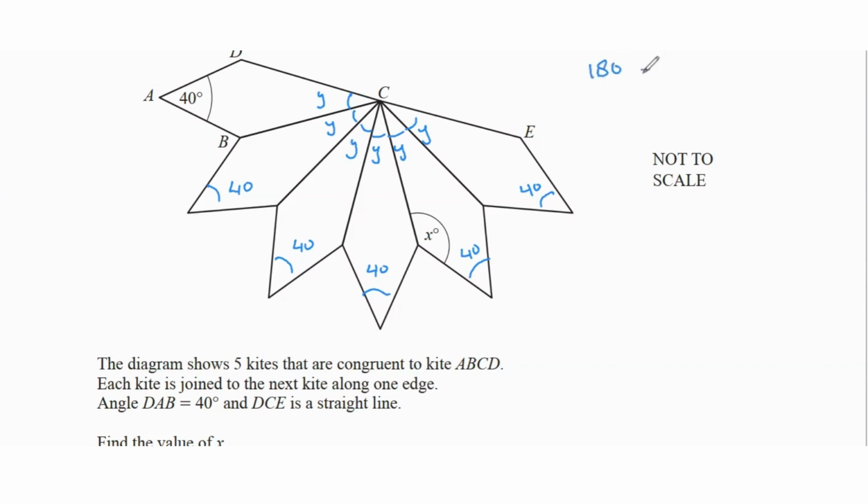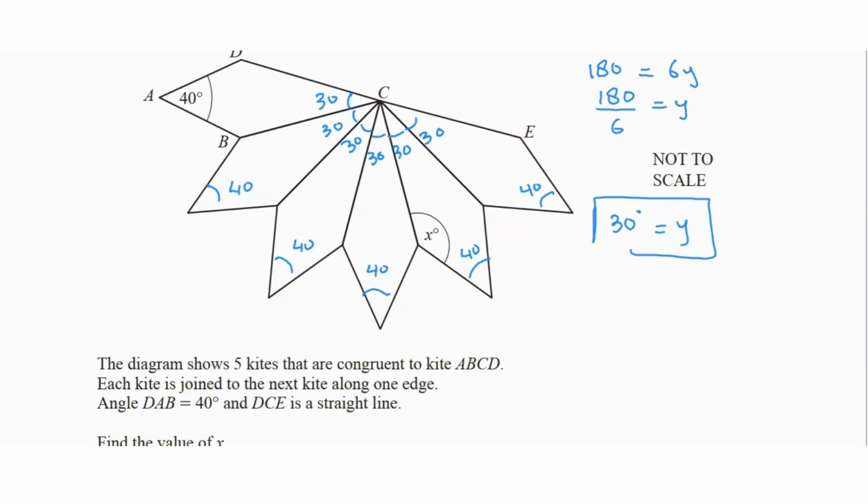So 180 is going to equal 6y because there are 6 kites: 1, 2, 3, 4, 5, 6. So 180 divided by 6 is 30 degrees. Now 30 degrees is the value of y. Let me erase this first. So all of these are 30.